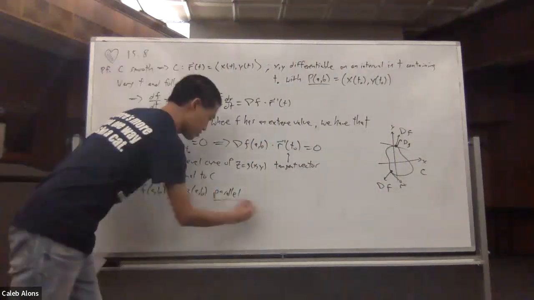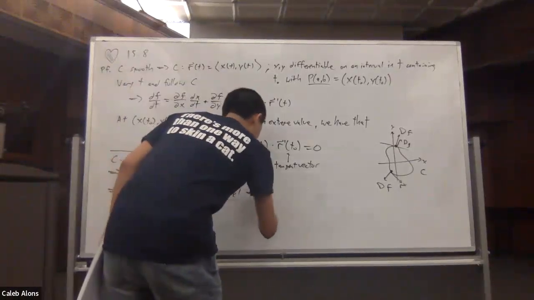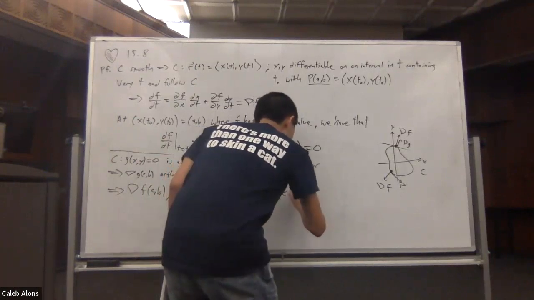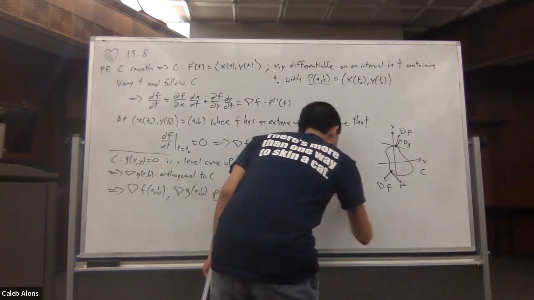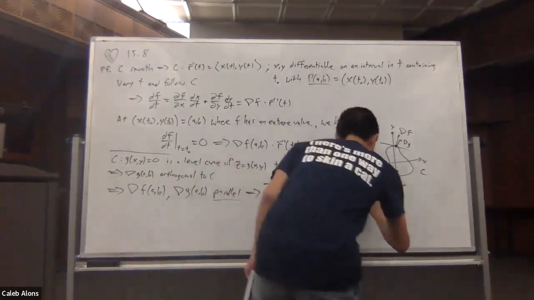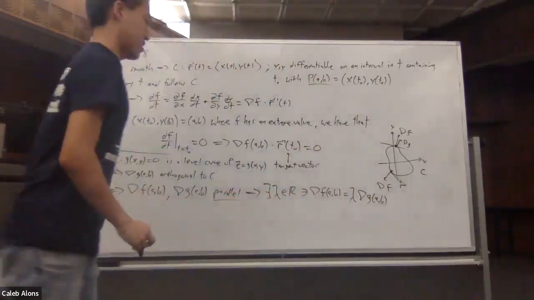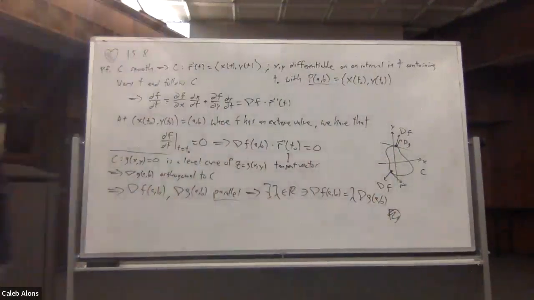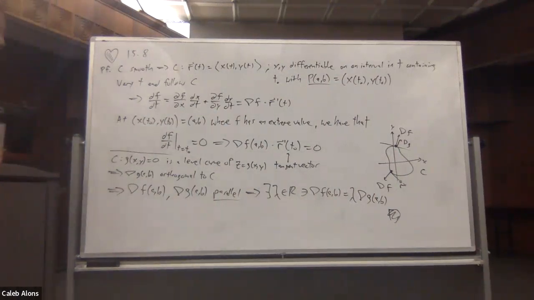And so this English word parallel is the way that we can say with words the math language of there exists a lambda in R such that gradient f(a, b) is a scaled version of the other vector, which is the gradient of g(a, b). And that's it. Tentatively a proof. Obviously not entirely formalized, but that would be a great outline to follow, logically speaking.